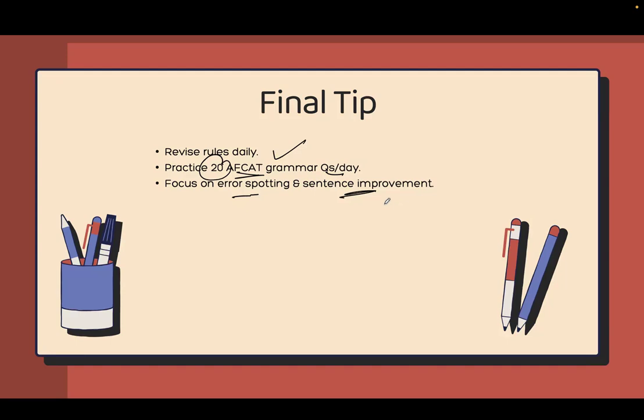English in AFCAT is not about mugging up. It's about your accuracy, your speed, and the clarity you have for these English grammar rules. And with these rules that we did today, you'll automatically avoid most of the traps and confidently attempt the paper.